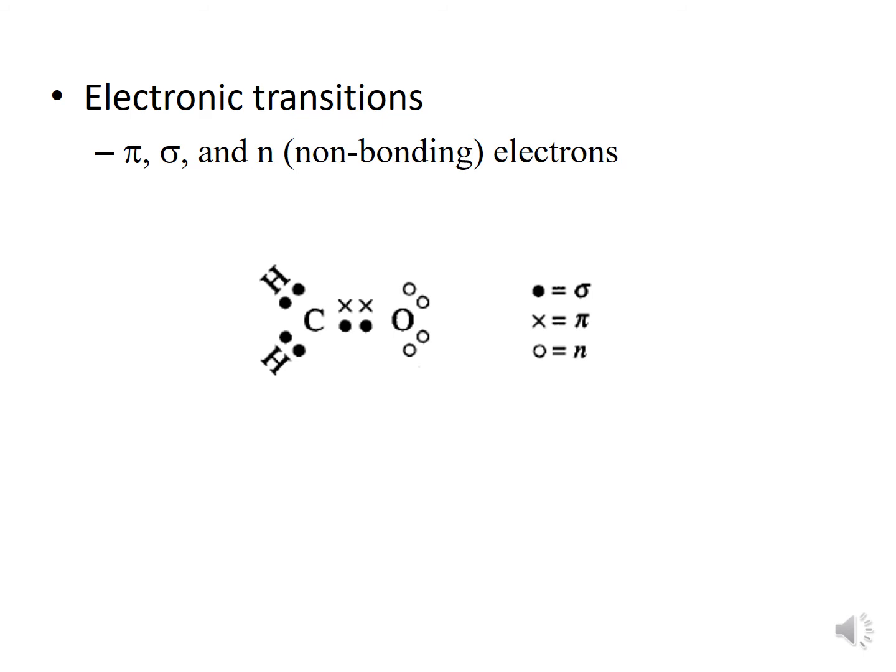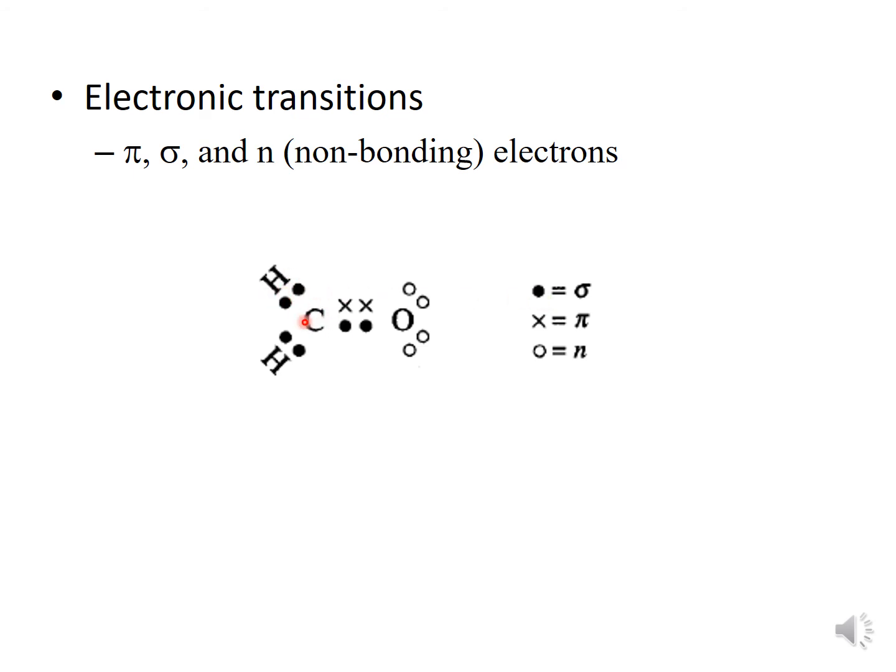To understand the electronic transition, we need to understand what is pi, what is sigma, and the non-bonding electron. Basically this is one example: C, H, and with the presence of oxygen here.